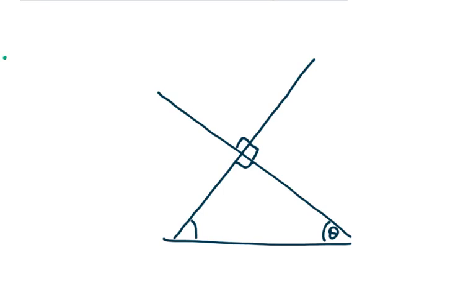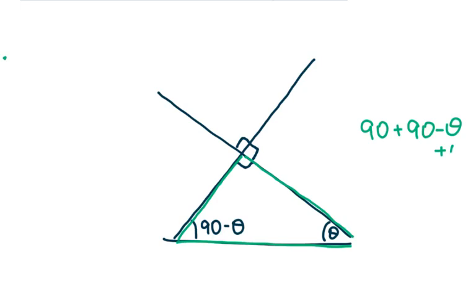Then this angle is 90 minus theta. Because in this green triangle, the sum of all angles must be 180. So if I have 90, the right angle, plus 90 minus theta, plus theta gives me 180 degrees. So this angle must be 90 minus theta.